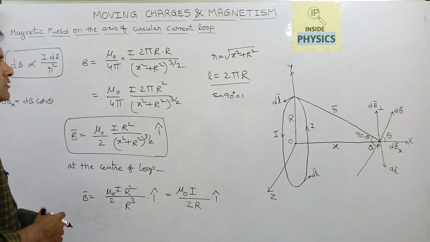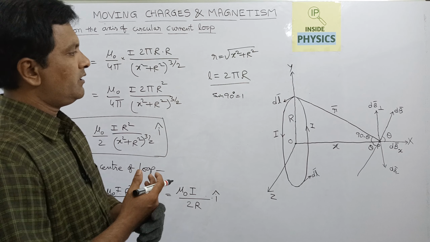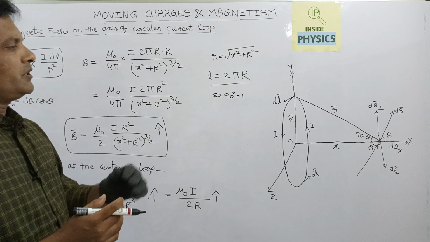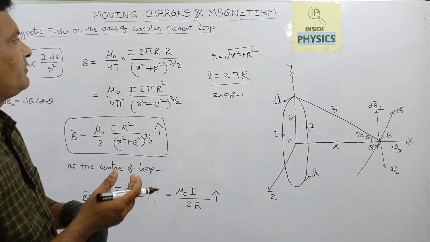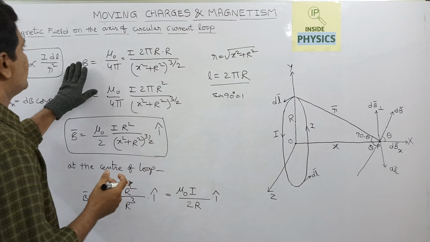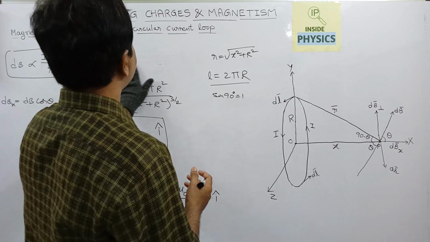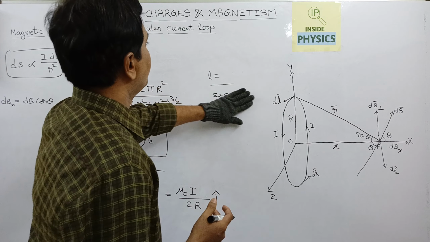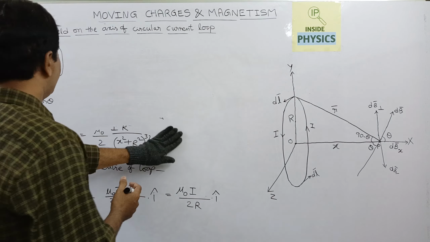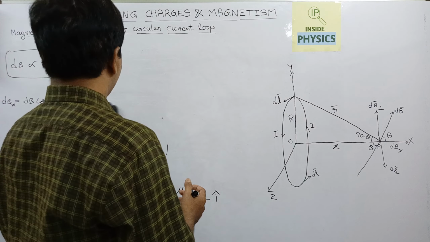So what will be the magnetic field direction because of this loop? How will it look when you represent it with a diagram? We will see that. We draw the magnetic lines of force around the loop.